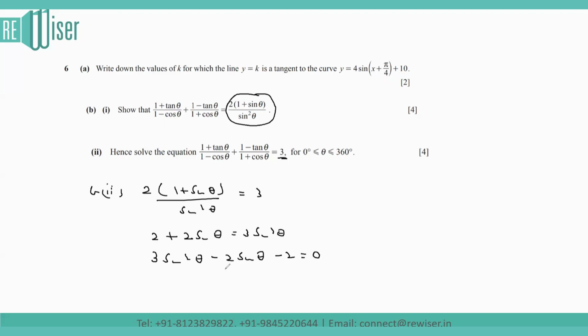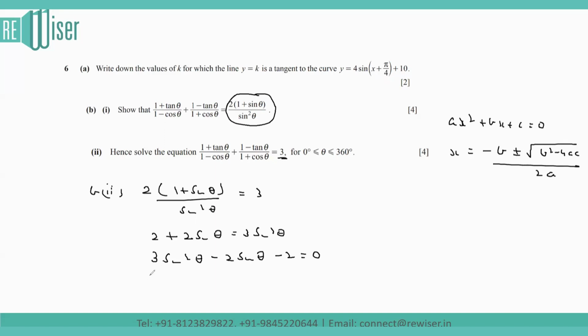So 3 sine square theta minus 2 sine theta minus 2 equals 0. We got a quadratic equation like this. To solve for theta, I'll use the quadratic formula: for ax square plus bx plus c equals 0, the value of x is minus b plus or minus root under b square minus 4ac over 2a.